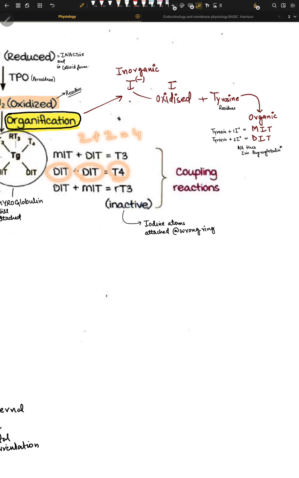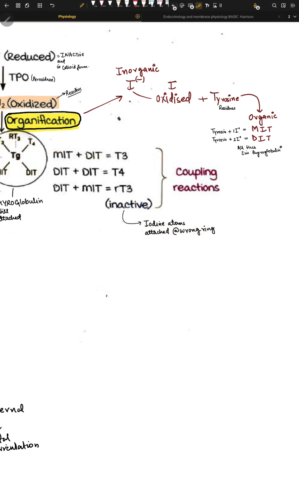So T4, right? Now imagine if I swap this. If instead of MIT, I write DIT, and instead of DIT, I write MIT. Now I am swapping, right? We still get T3, but it's a reverse of T3. So reverse T3. Now this reverse T3 is inactive because iodine atoms are attached at the wrong ring, this is the internal ring.